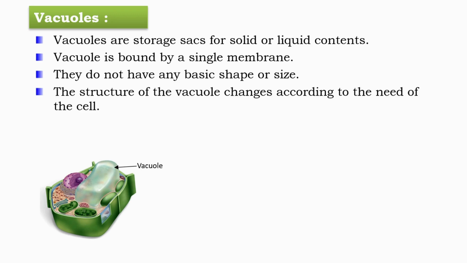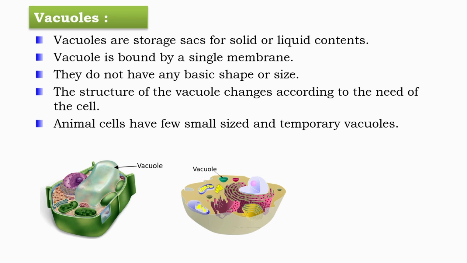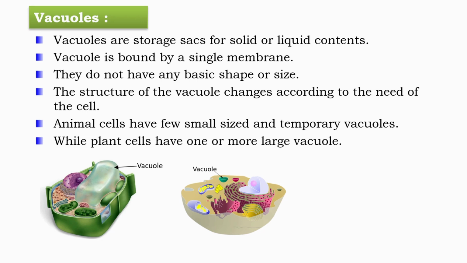The structure of the vacuole changes according to the need of the cell. Animal cells have few small sized and temporary vacuoles, while plant cells have one or more large vacuole.